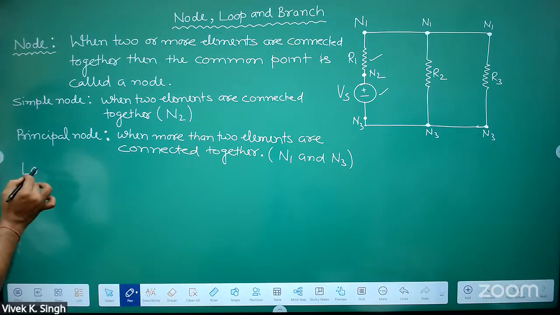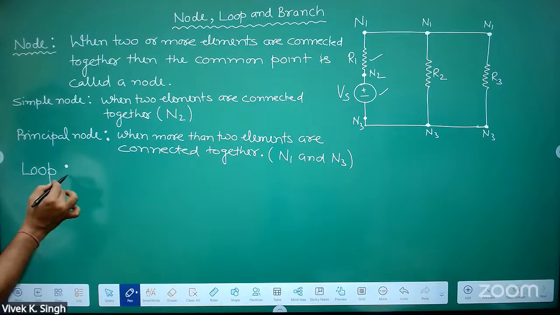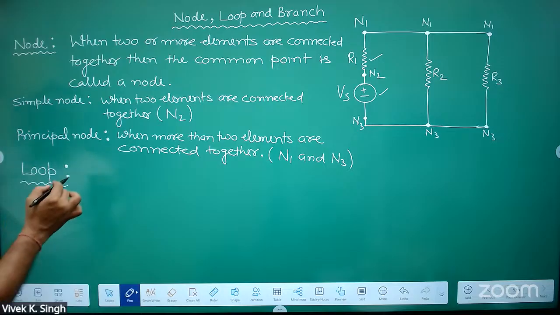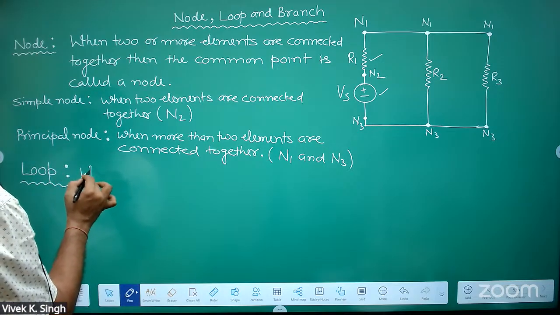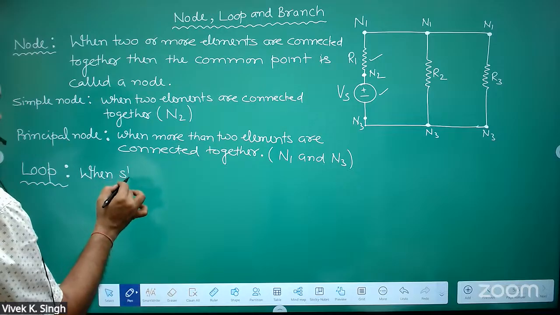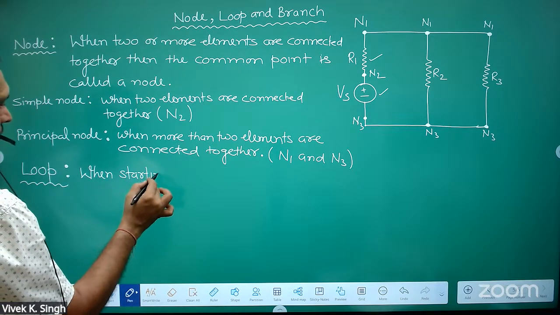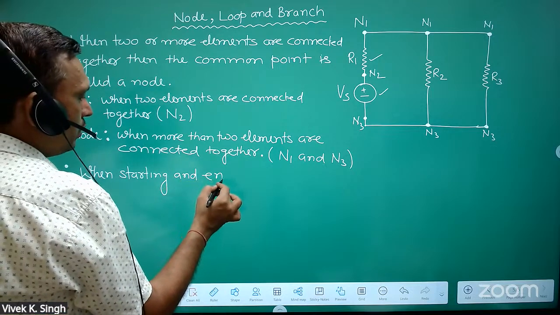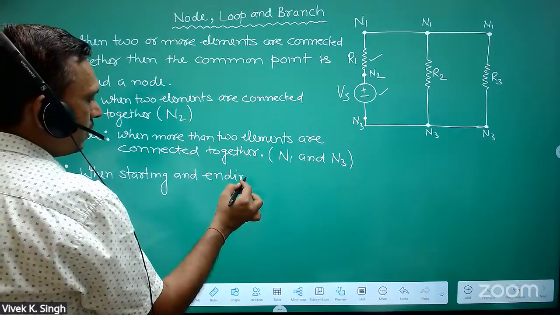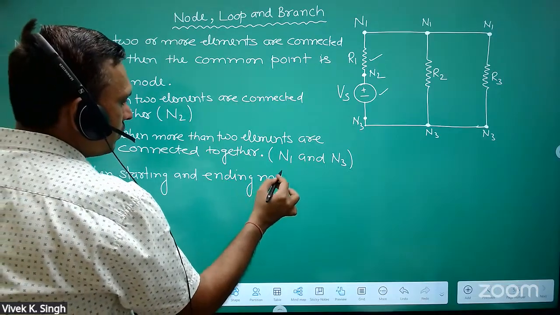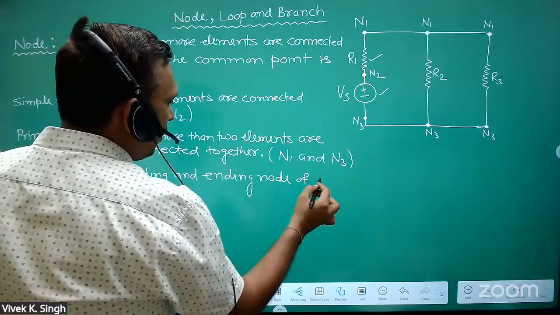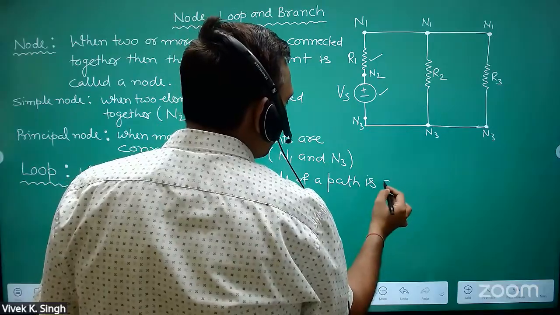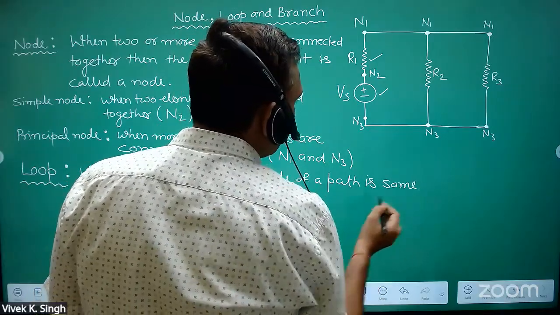What is a loop? When starting and ending node of a path is same, then that is called as loop.